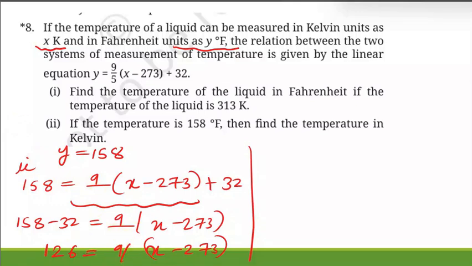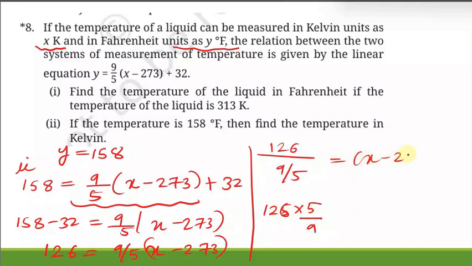When we take it to the left side and take the reciprocal multiplication, you will get 126 into 5 by 9 is equal to x minus 273.